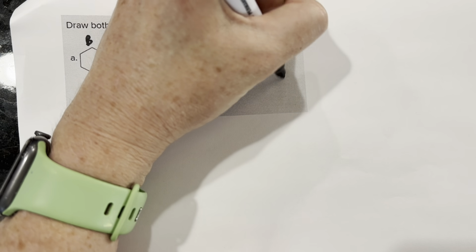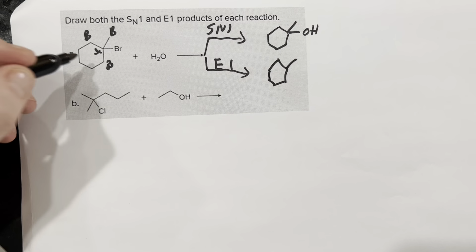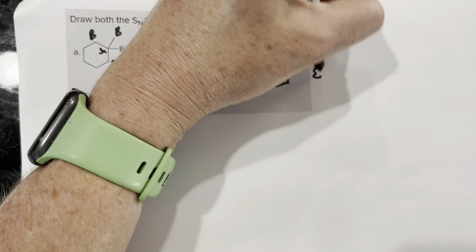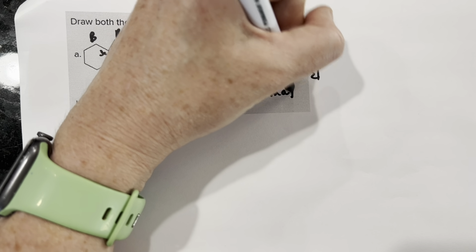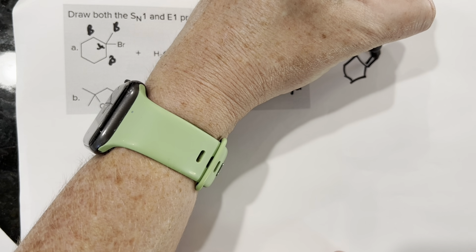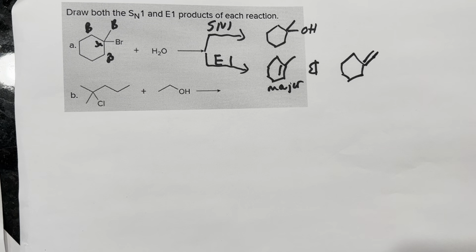So you'll get something like this. I'm just going to choose the beta that's right here. And that would be the major. And you'll get a more minor product where that beta's on that di-substituted one right there.